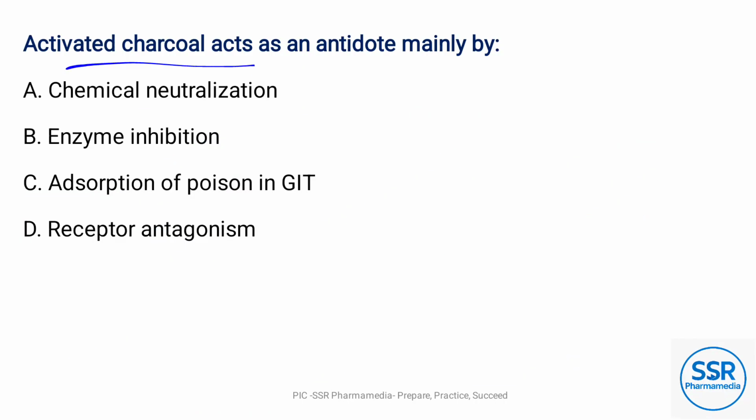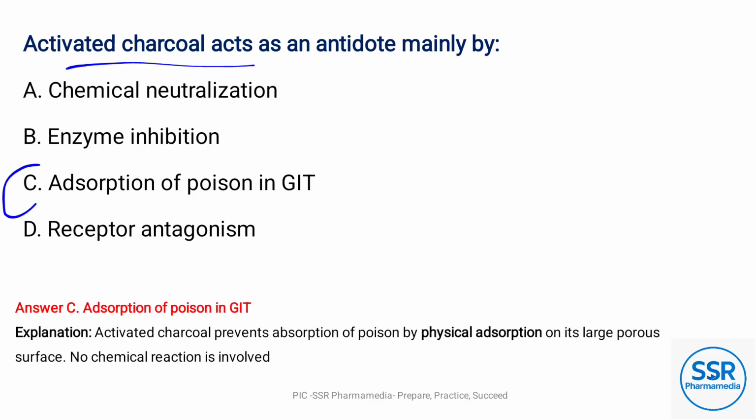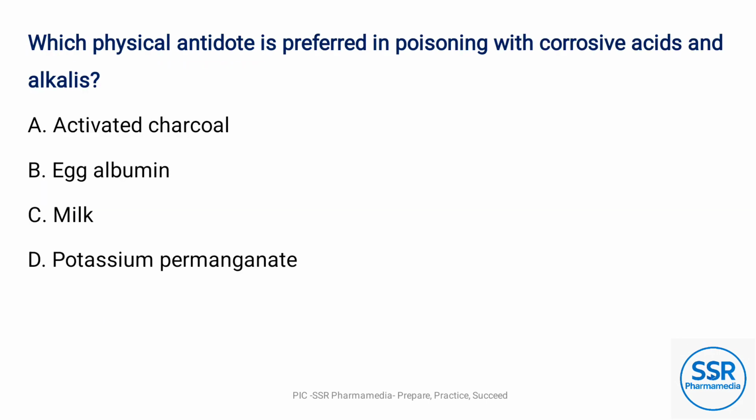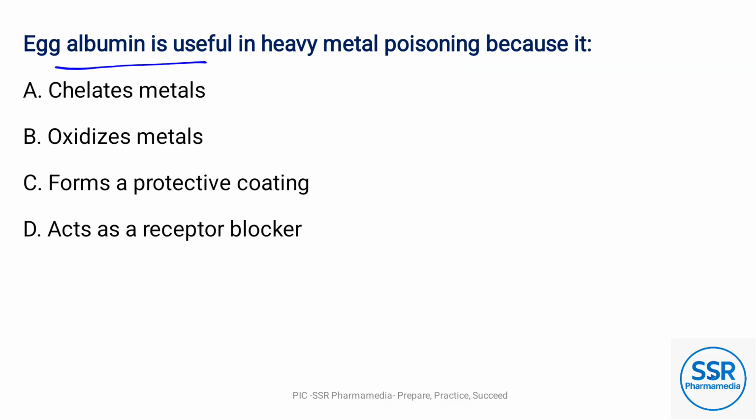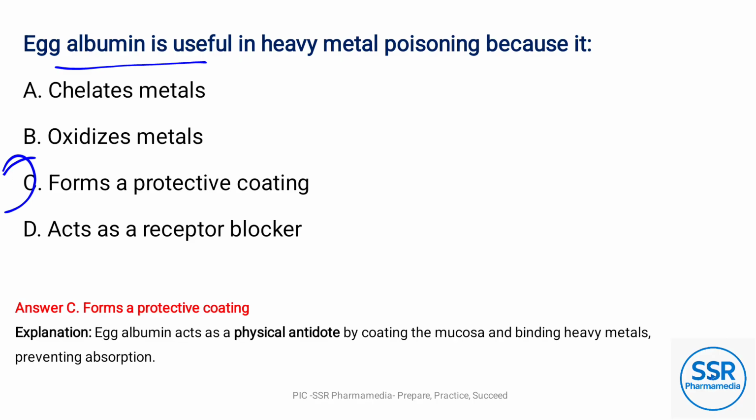The activated charcoal acts as an antidote mainly by, option C, adsorption of poison in the GIT. Which physiological antidote is preferred in poisoning with corrosive acids and alkalis? Option C, milk. Egg albumin is useful in heavy metal poisoning because it, option C, forms a protective coating.